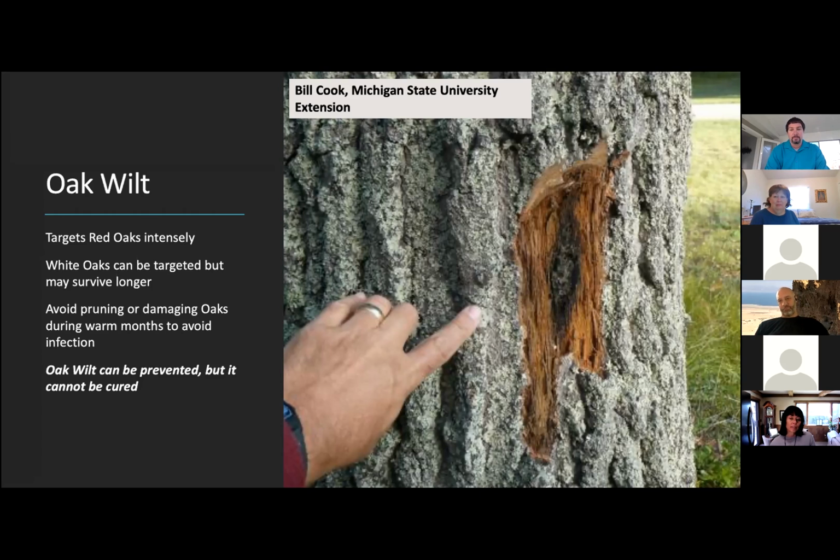So I know as a company, we have made the determination that we are not going to be responsible for a new disease infection. And so we won't do oak work if we think that the temperatures are going to be warm enough that we could have a potential infection, because we don't want to be responsible for that. There's a lot of companies that have decided to take on that same management strategy.